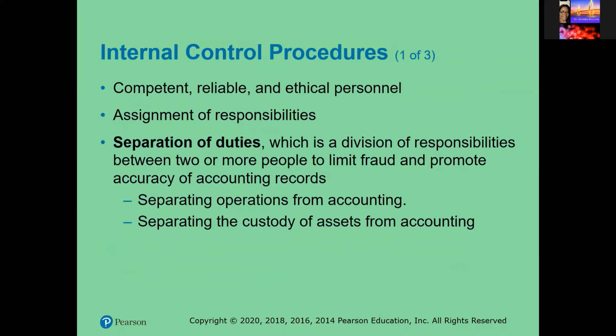Employees should be competent, reliable, and ethical. Paying good salaries will attract high-quality employees. Employees should also be trained to do the job, and their work should be adequately supervised. In a business with good internal controls, no duty is overlooked. Each employee has certain carefully defined responsibilities.